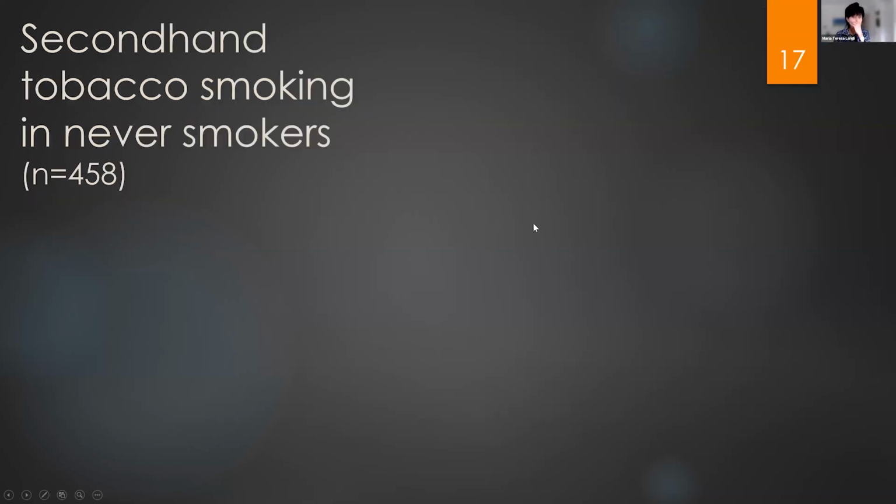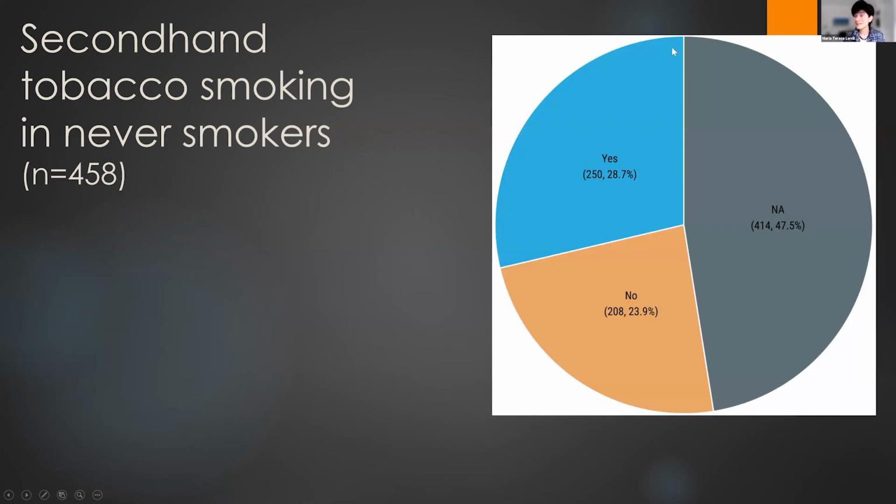Then we wanted to verify whether we could see any signature 4 in subjects exposed to secondhand tobacco smoking, since in the first set, we didn't see any. So in this larger set, there were 250 subjects among the never smokers who reported various degrees of secondhand tobacco smoking exposure.